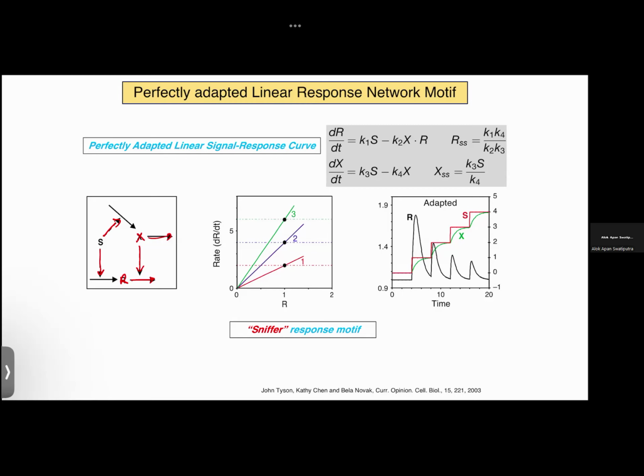So if I want to write the equations for this system, dR/dt will be k1S, so it's being synthesized at this rate, and there is a minus k2XR. So the more the R, the more it will be degraded, and the more the amount of X, the faster it will be.